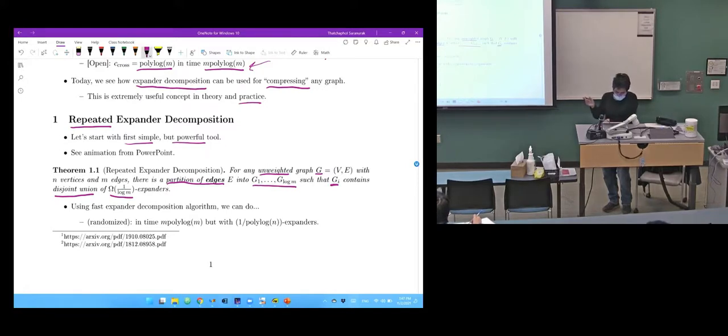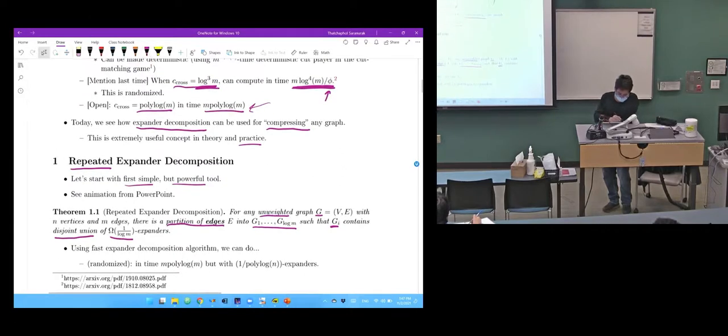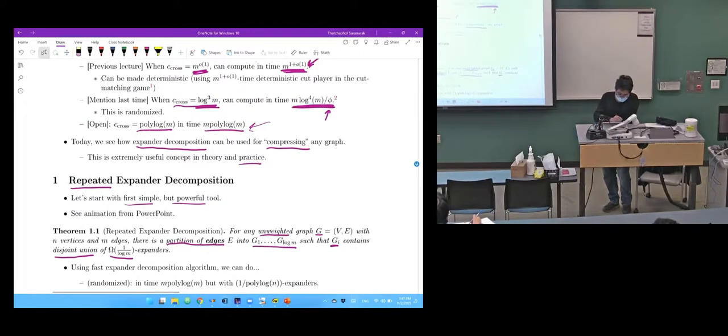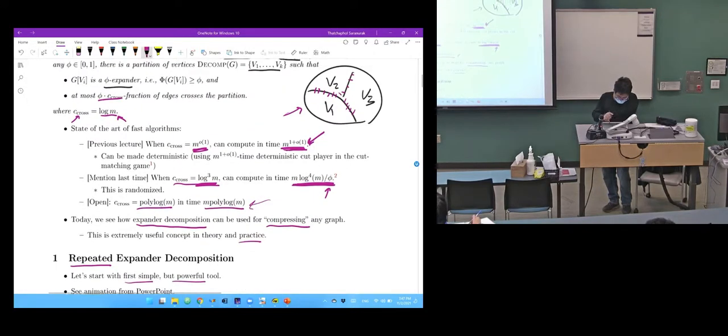In the slides, I use 1 over polylog because this is the case if we use some fast algorithm; you will need polylog. But if you just talk about existential, you can set phi here to be 1 over 2 log m, right? Then each time you will get 1/2 here, and that's fine.